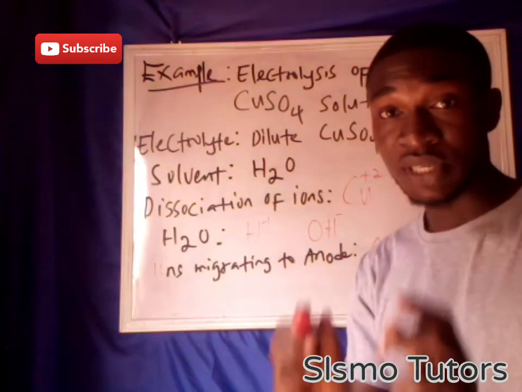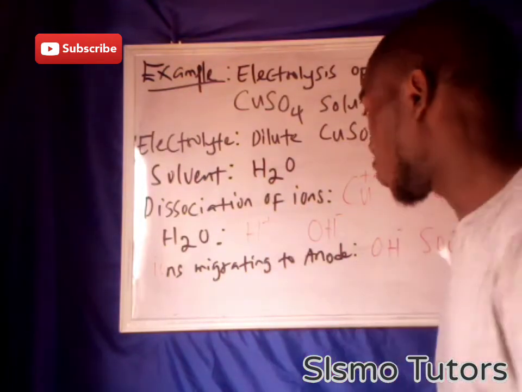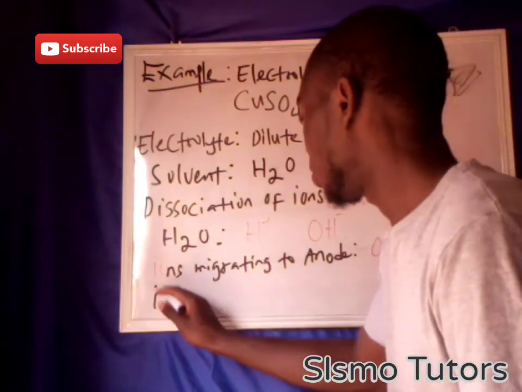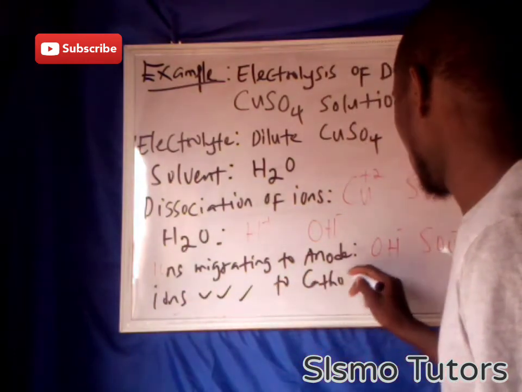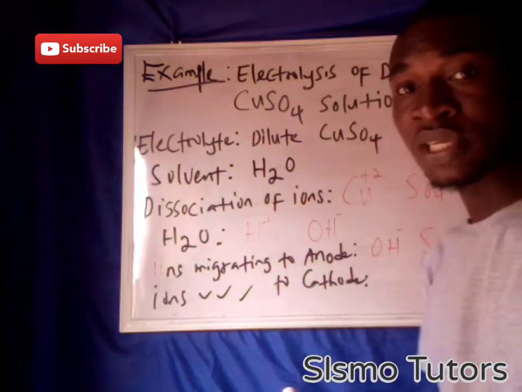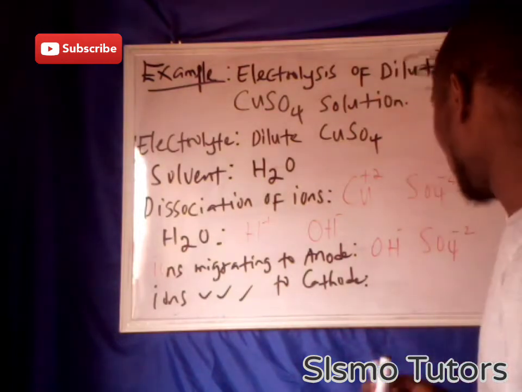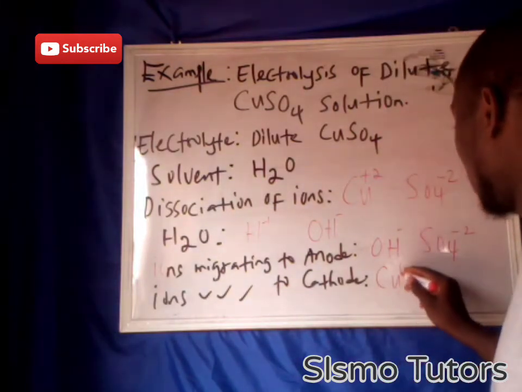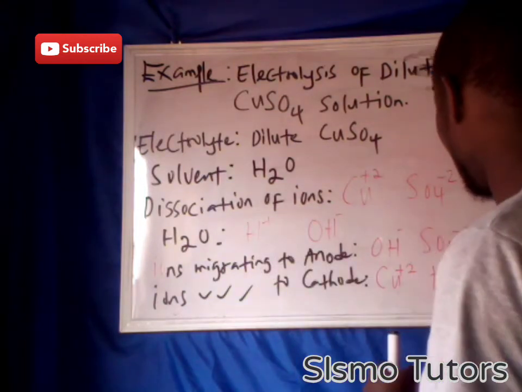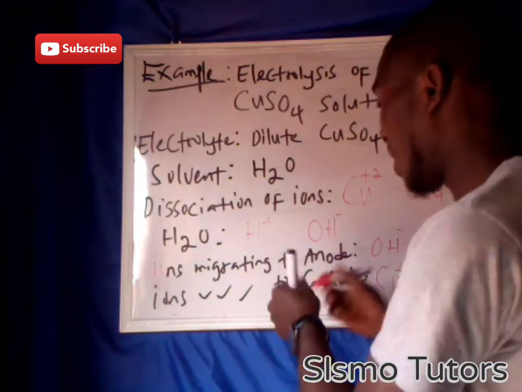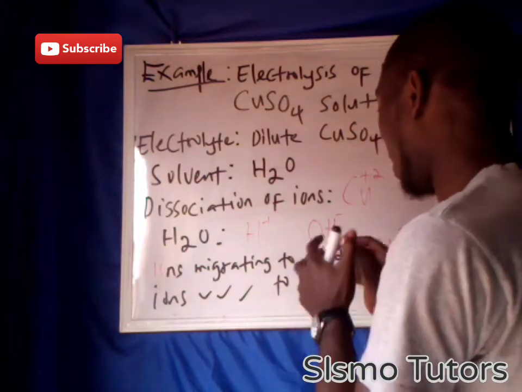These are migrating to the anode. Let's as well consider the ions migrating to the cathode: we will have our cations, which are the copper ion and the hydrogen ion.